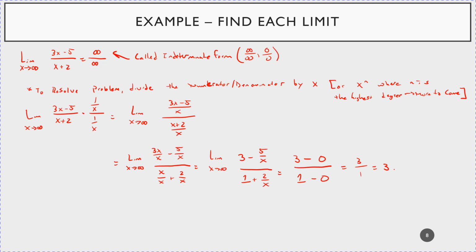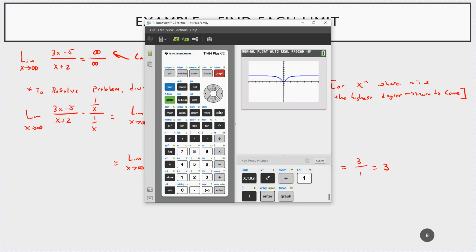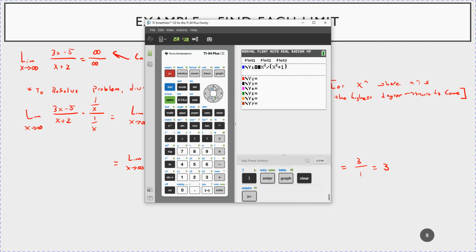And maybe suppose you're skeptical, right? You're like, I don't know if I believe that, Matt. Let me show you the graph and let's take a look. So again, we're going to graph 3x minus 5 divided by x plus 2.